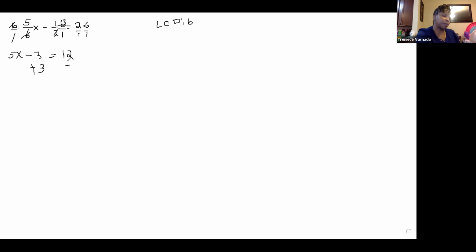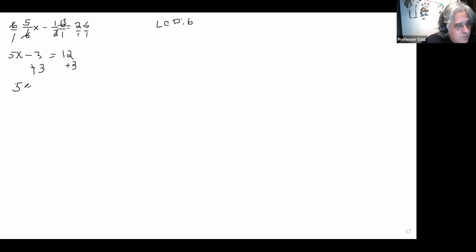So 5x is equal to 15. And then dividing both sides by 5, we get x is equal to 3.